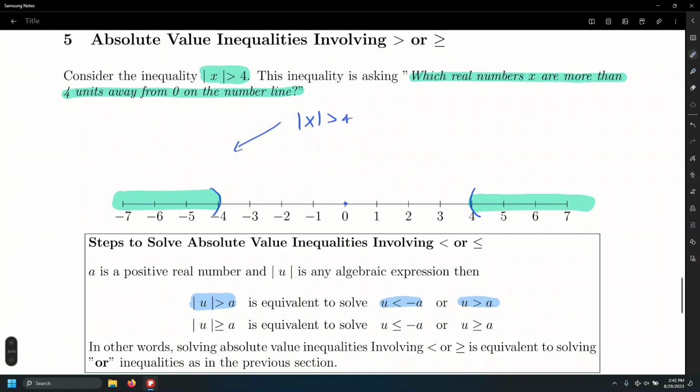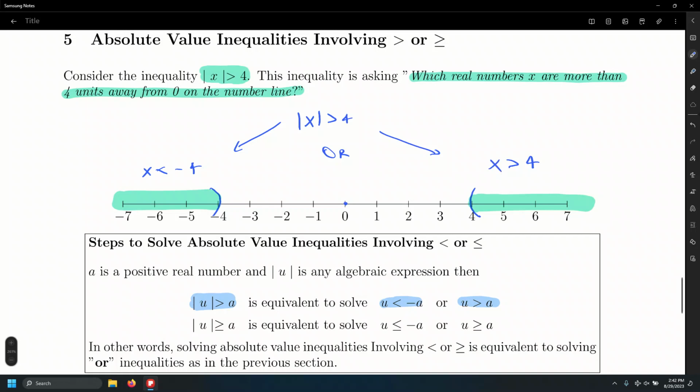So one possibility is x less than -a, which is -4, or x greater than a, which in this case is 4. All right. Not u, it's actually x. It should be x in here.